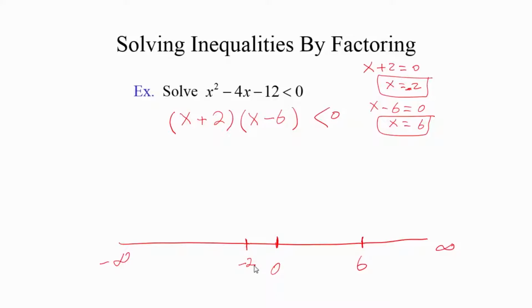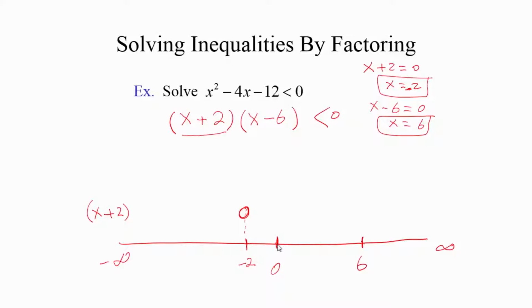Then the next question I ask is, for each one of these, let's say x plus 2, which critical value would make this equal to 0? We set it equal to 0 and came up with minus 2. So it's right here, you get a 0. Now, if you put a value above this minus 2 into here, would you get a positive number or a negative number? Pick something easy.